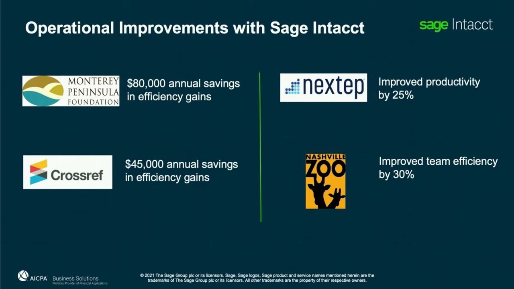You know, we were just talking about Next Step. Here's another way they were able to achieve payback in less than 4 months. They greatly improved their team's efficiency. Monterey Peninsula, Crossref, and the Nashville Zoo also translated their efficiency and productivity improvements into values they considered in their payback calculation.